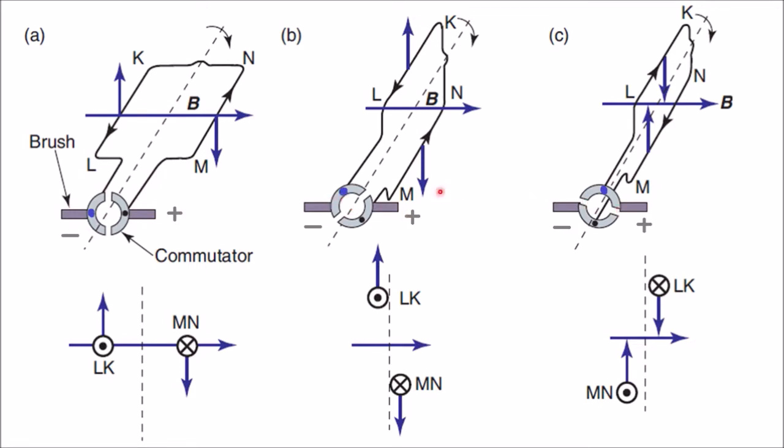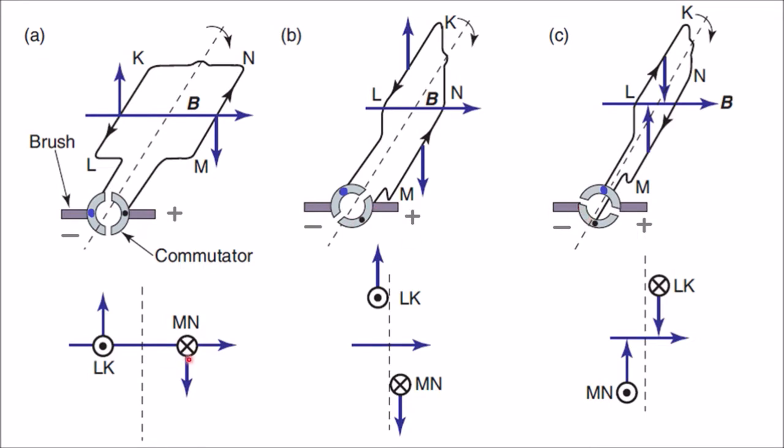Now something really interesting happens here. This blue commutator has now disconnected from the negative terminal. The black commutator here has disconnected from the positive brush and now connected to the negative brush.